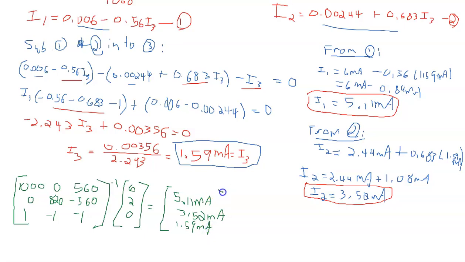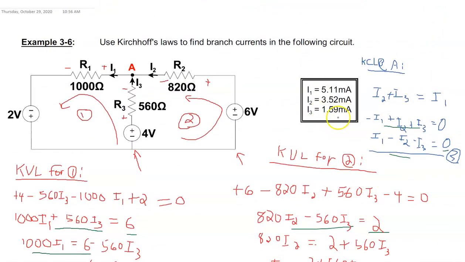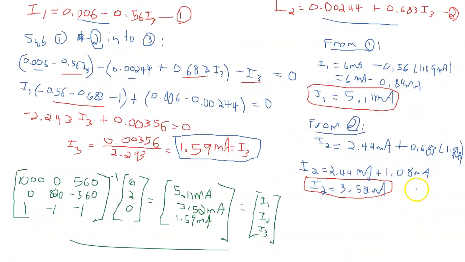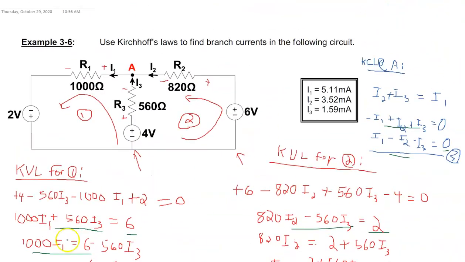And so of course they are currents because they represent I1, I2, and I3 respectively. And so, a bit faster to arrive at the matrix solution, no doubt about it. And what we started out with was our solution right there. And of course, that matches our numerical result. Okay.